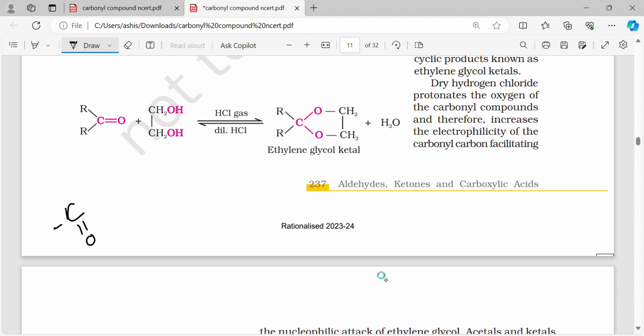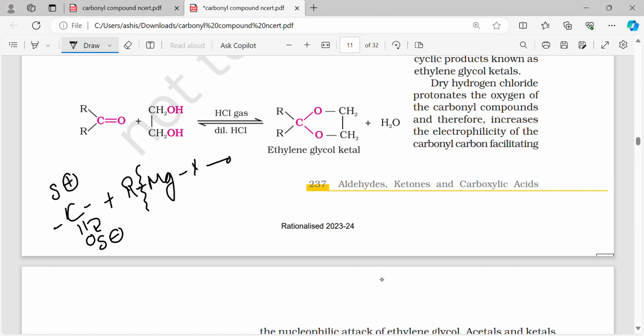Next one is addition of Grignard reagent. Yes, we can add Grignard reagent also. If we have a carbonyl compound like C double bond O and we have Grignard reagent like RMgX, the electrons of the pi bond will shift towards the oxygen atom.